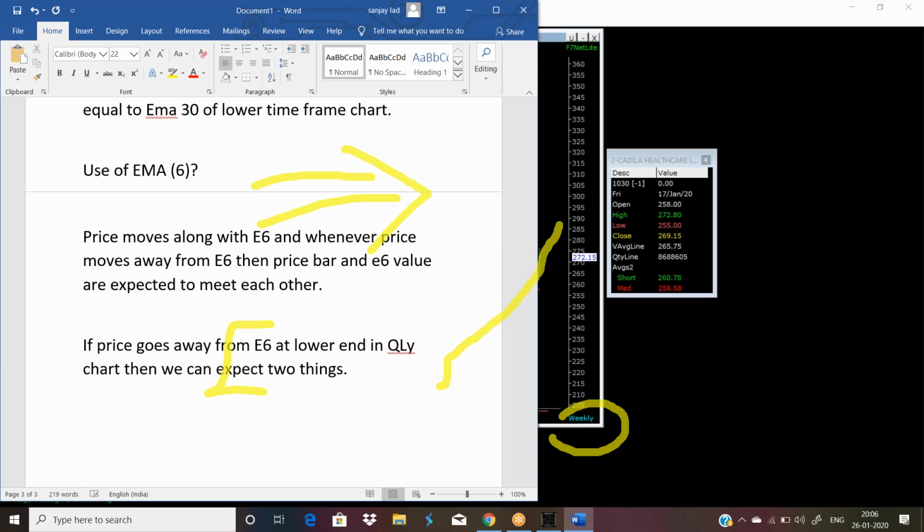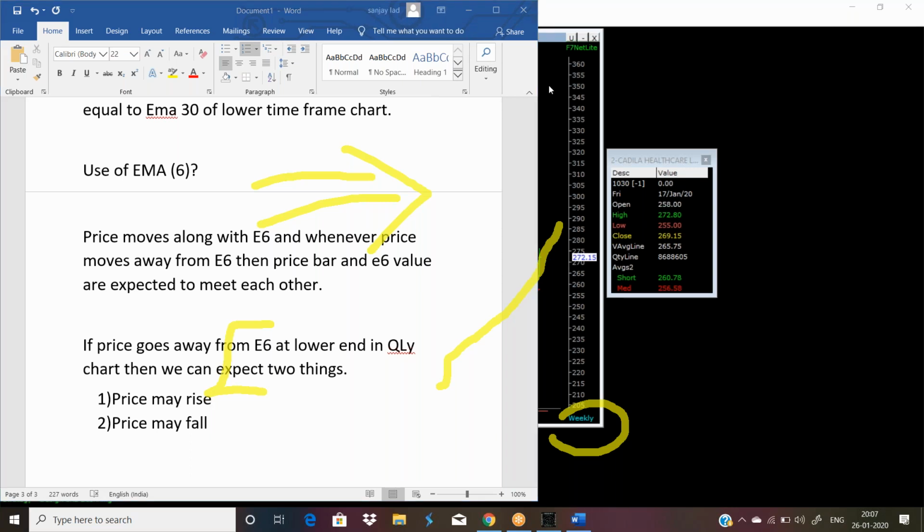One, the price may rise, and second, the price may continue to fall. That means the price will reverse, or the price will fall, because the price has gone away from E6 at the lower end.